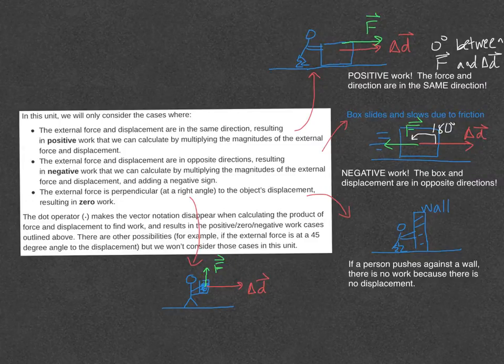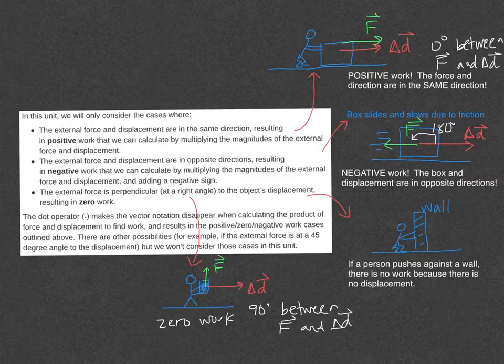So that means that this angle is 90 degrees between the force and the displacement. And in those cases, your force is not contributing to the displacement, so there is zero work done.